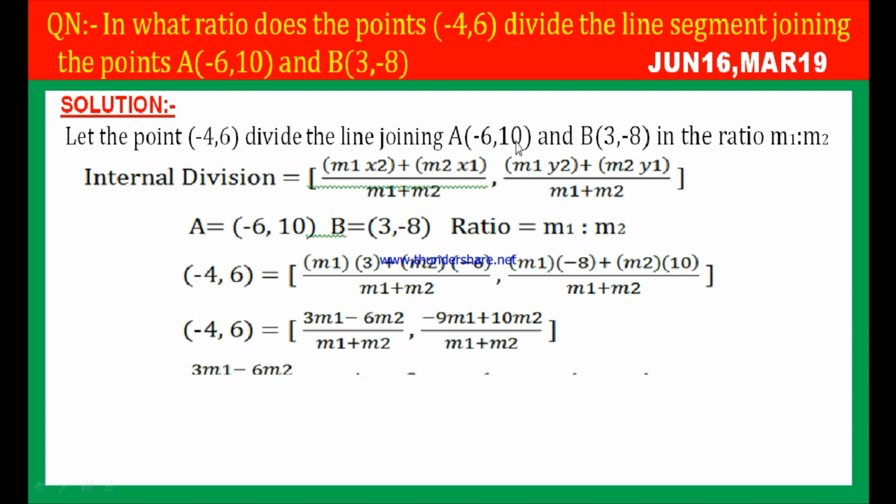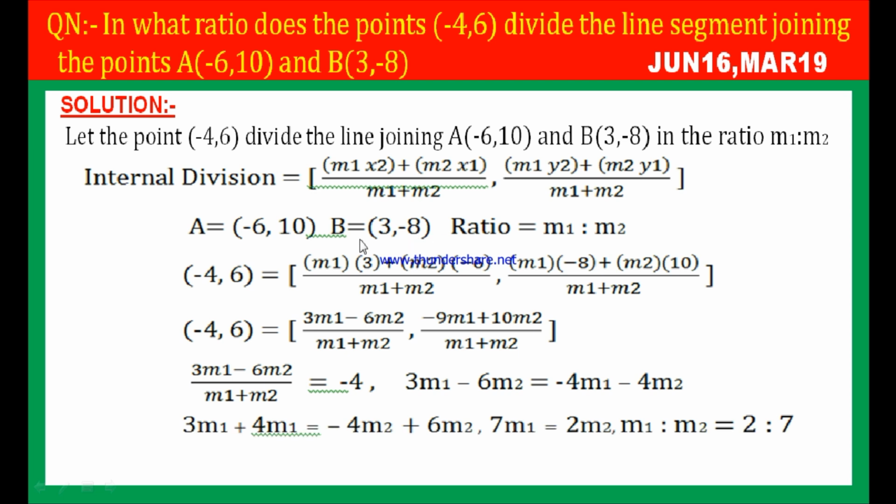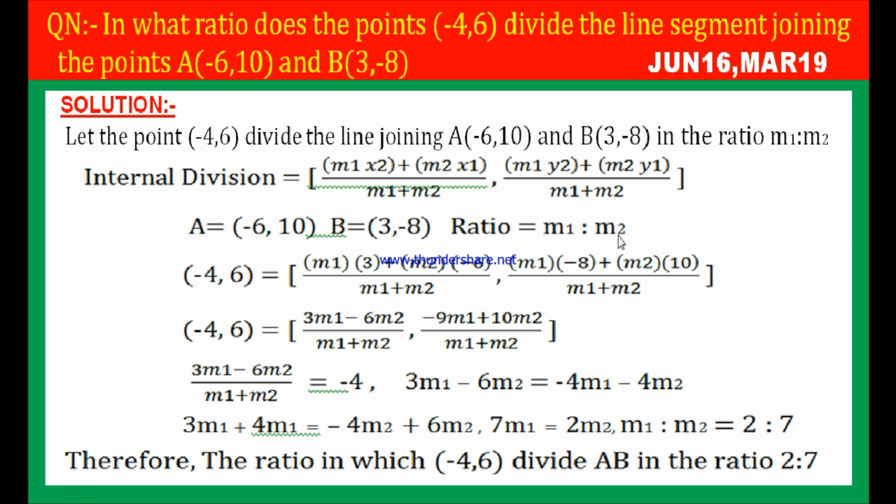Here the coordinates of A (-6, 10) are x1, y1, the coordinates of B (3, -8) are x2, y2, and the ratio in which AB is divided is m1 is to m2. The point that divides A and B is (-4, 6). Now let us substitute the values in the formula. m1 and m2 are unknowns, therefore write them as they are, and substitute x1, y1 and x2, y2.